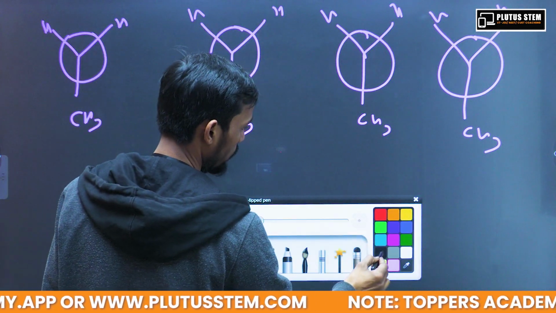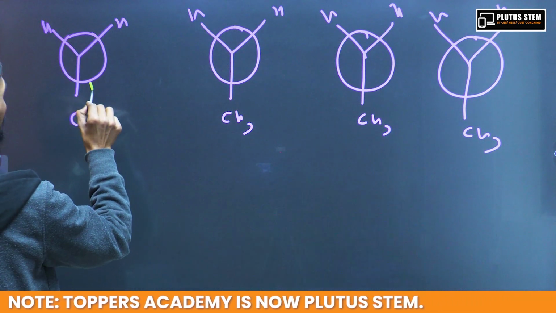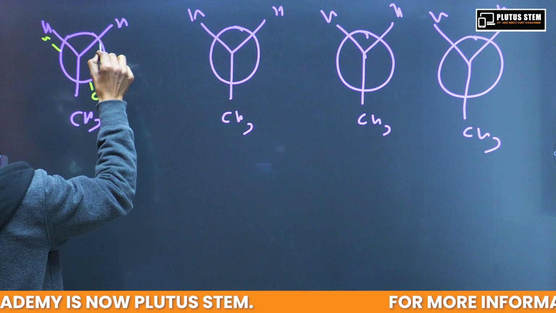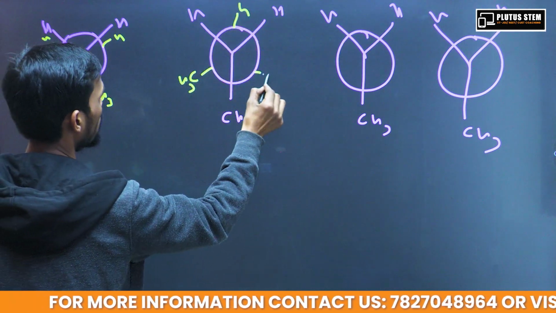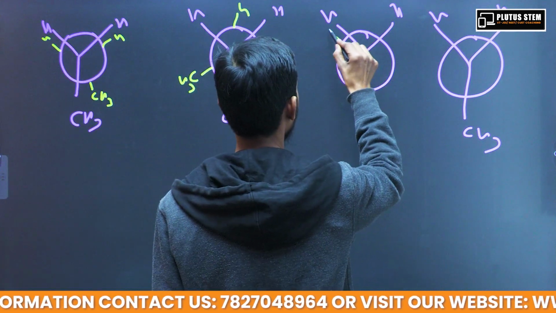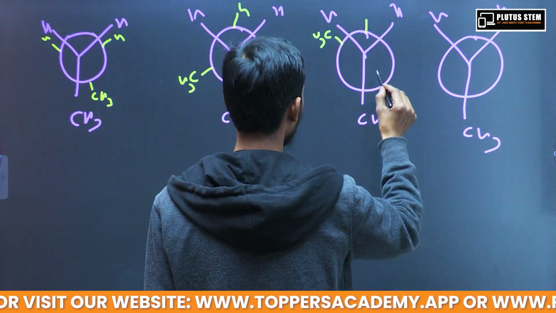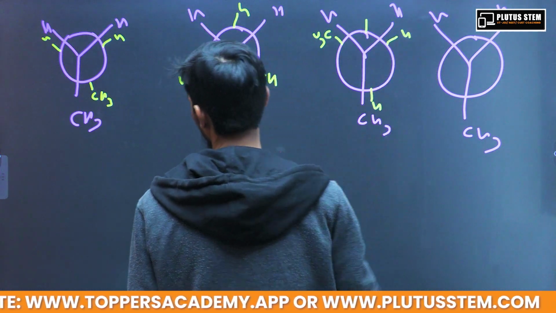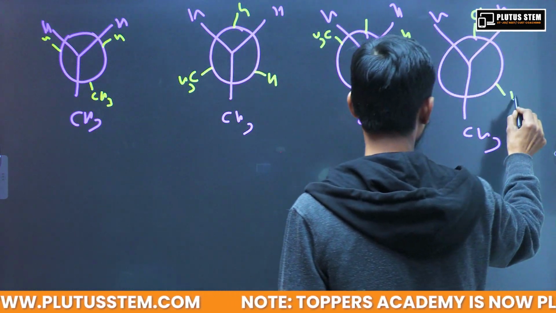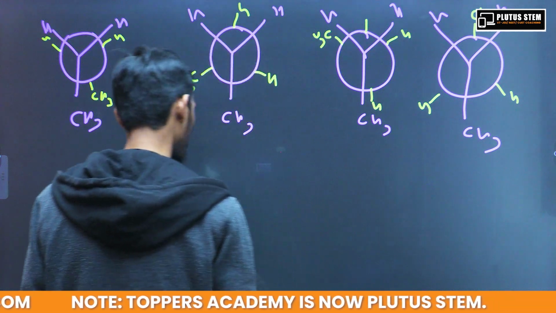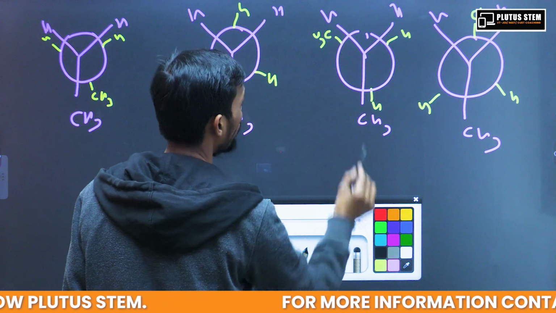And in the other bond we have CH3, hydrogen, hydrogen, after rotation CH3, hydrogen, hydrogen, after rotation CH3, hydrogen and hydrogen, and the last one CH3, hydrogen and hydrogen. So we are having these four possibilities or structures over here.